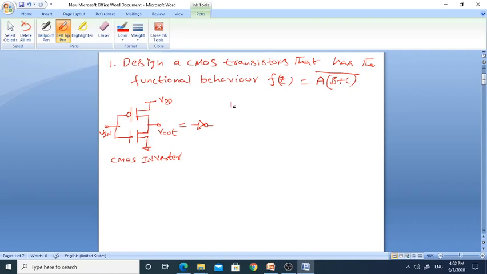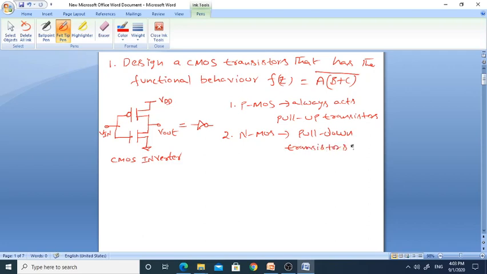The first point is, in designing the functional behavior of the gates, the PMOS transistors always act as pull-up transistors, and the NMOS transistors act as pull-down transistors.